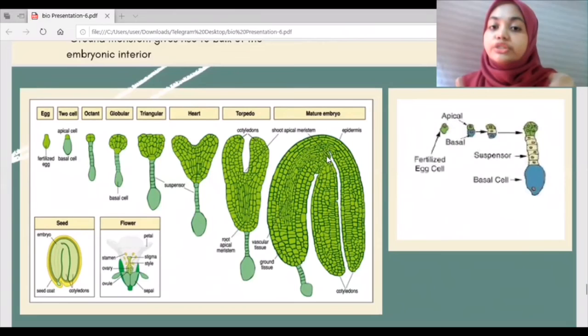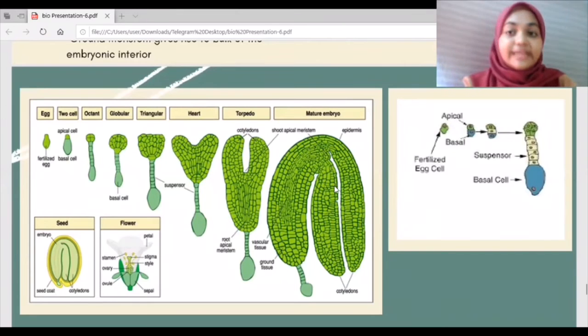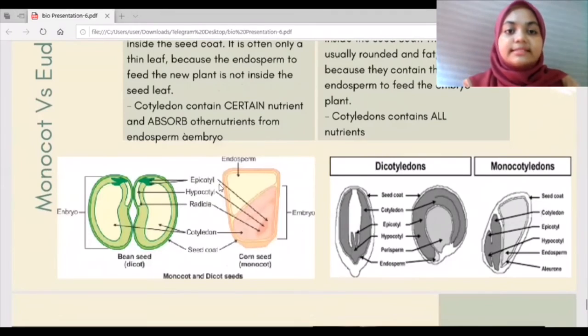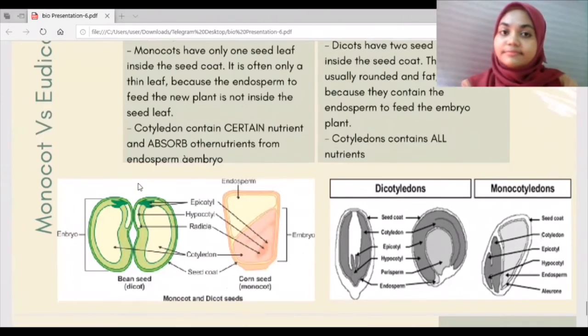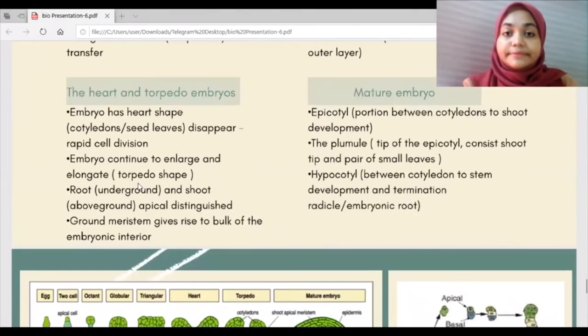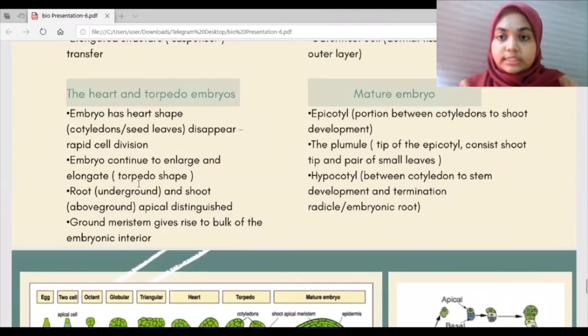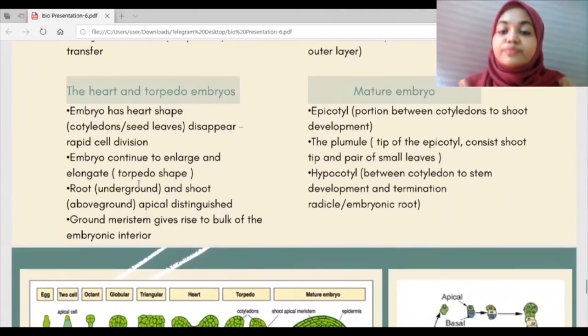We have this picture; this is the epicotyl, for shoot development. Then the plumule, from the tip of the epicotyl, consists of the shoot tip and a pair of small leaves.